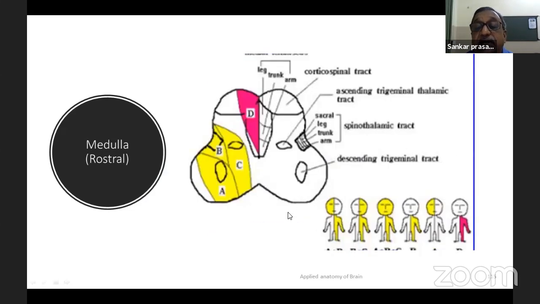So this is a broad anatomy of the medulla, and you can have lesions and corresponding body representations like this: crossed facial numbness and facial sensory loss, contralateral sensory disturbances, and at times you can have mixed ones also.